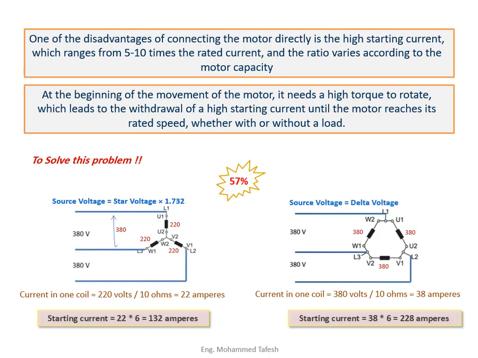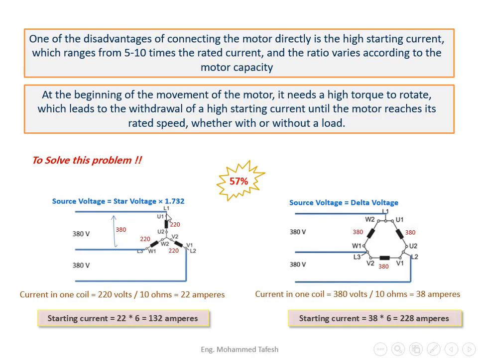Let's explain it as we mentioned in the previous lecture, in numbers, briefly. This is a practical example with numbers that shows the difference between the star connection and the delta connection. Firstly, in case the motor coils are connected using the star method, the source voltage is not equal to the voltage of the coil itself.